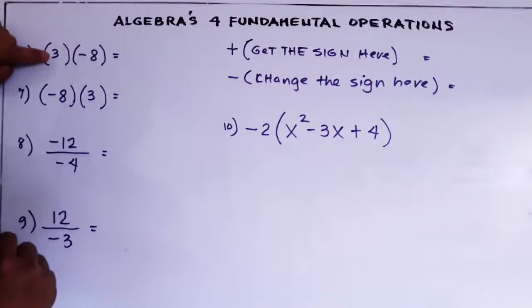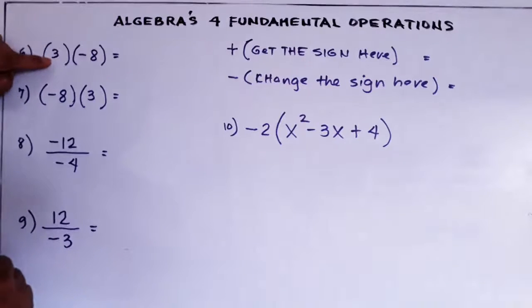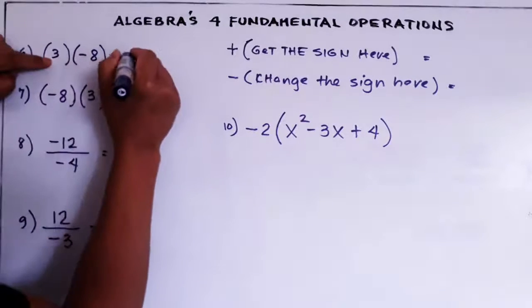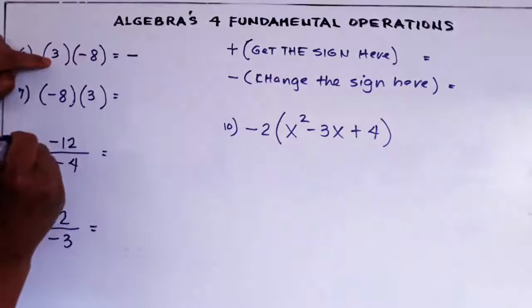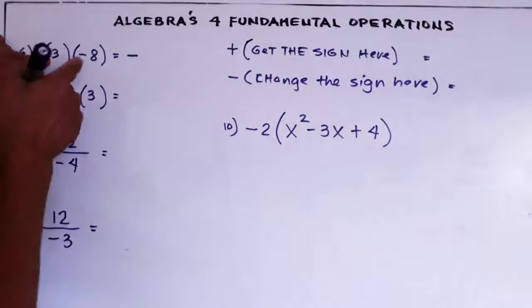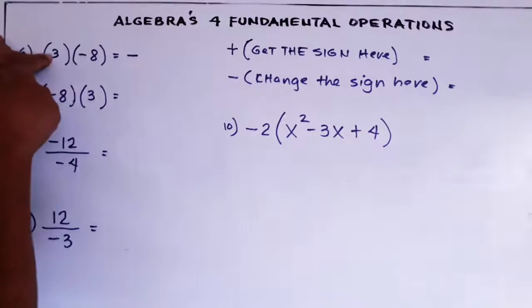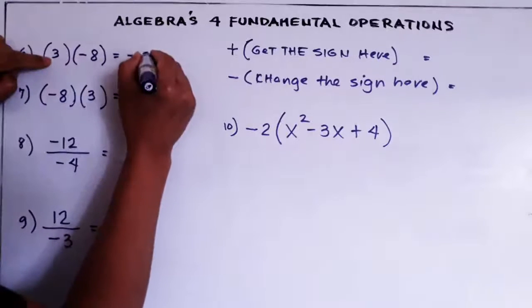Okay, let's apply. The sign here is positive. It's positive 3. So the positive does not care. So the sign is negative. It will still be a negative because the positive will not command the negative to change to positive because the positive does not care. Okay, it's negative. And then we multiply 3 times 8, 24.